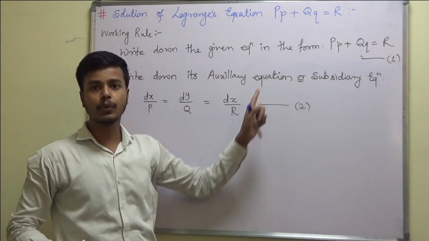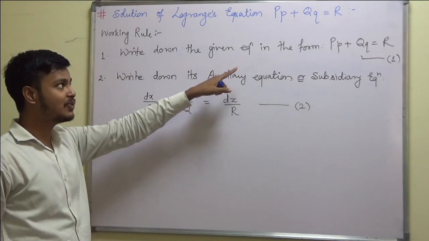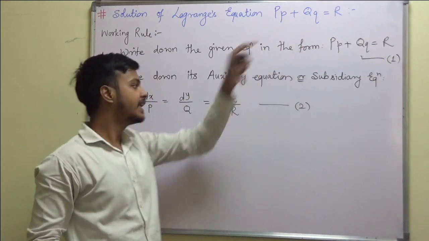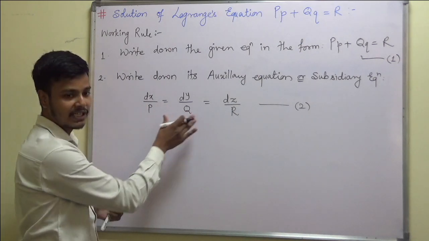Equation number 1, equation number 2. Now, my objective is to get the solution of the equation of the form Pp plus Qq is equal to R. Now, I can get the solution by solving this auxiliary equation 2.